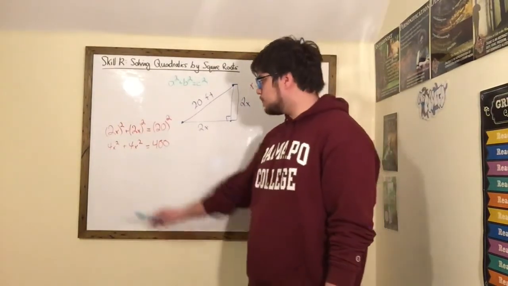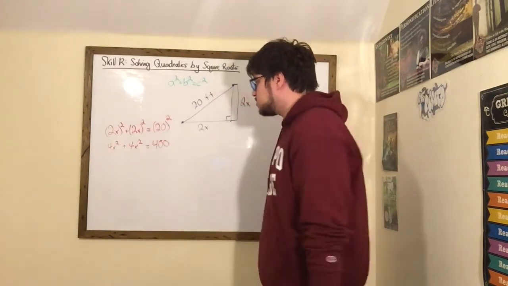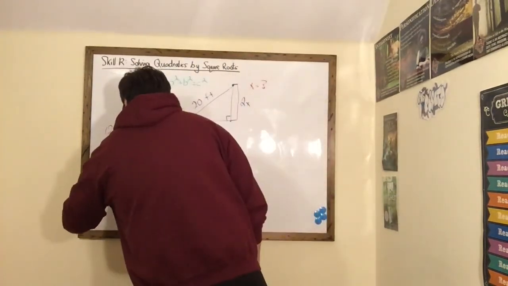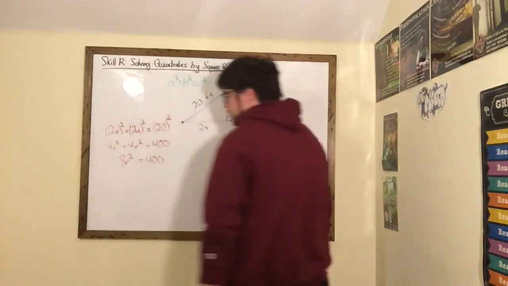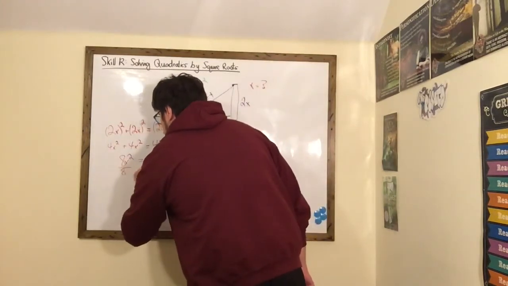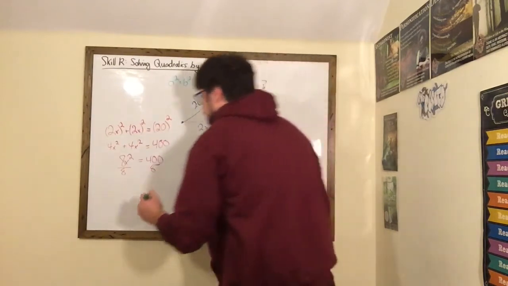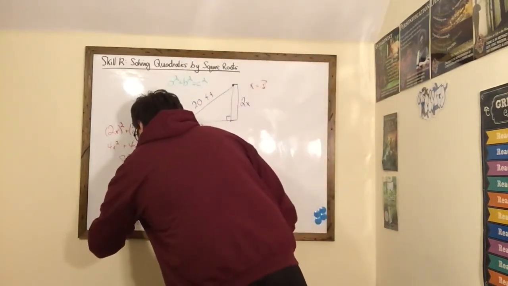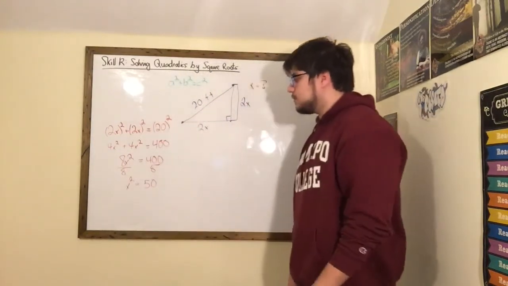Well, here I have 4x squared plus 4x squared. I'm going to get 8x squared. Next step, I'm going to divide both sides by 8. And here I'm left with, I believe, 50. x squared equals 50. Yes, it's a nice even number.